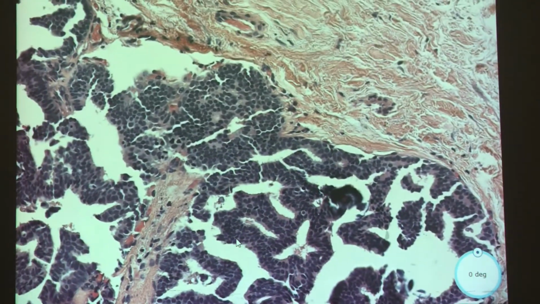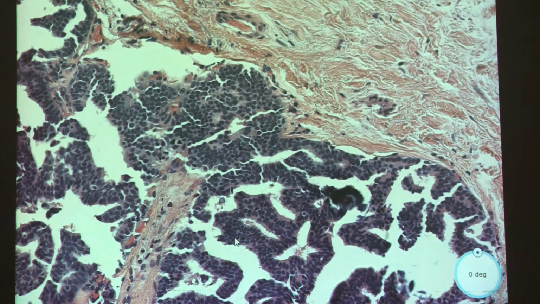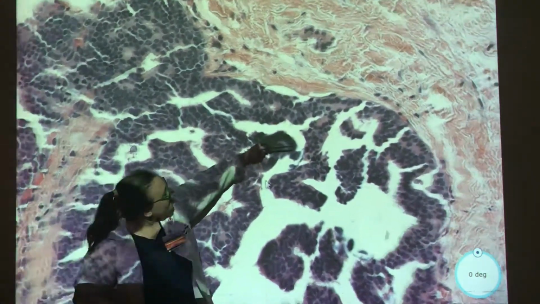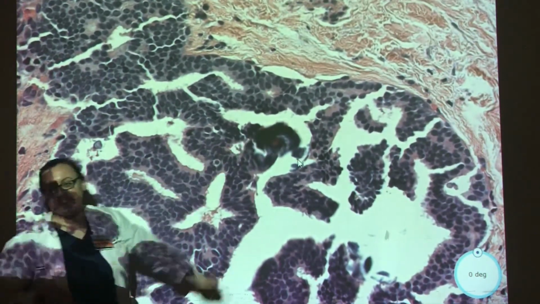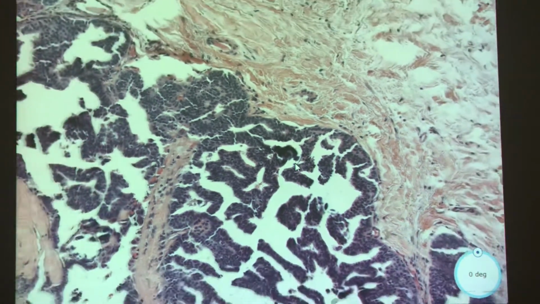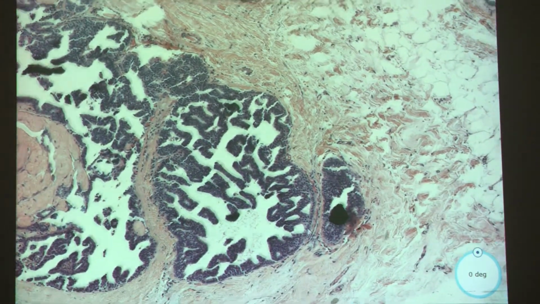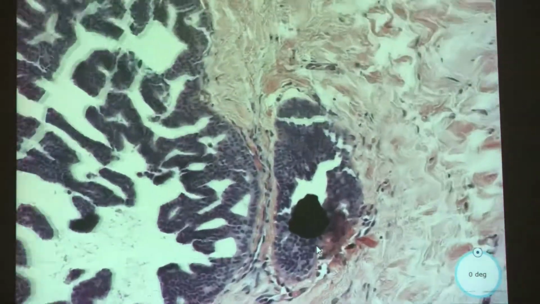So DCIS again, maybe low to intermediate grade. See this? Look at that, that's beautiful. It's a calc, which are sometimes so hard to find. But yes, DCIS.